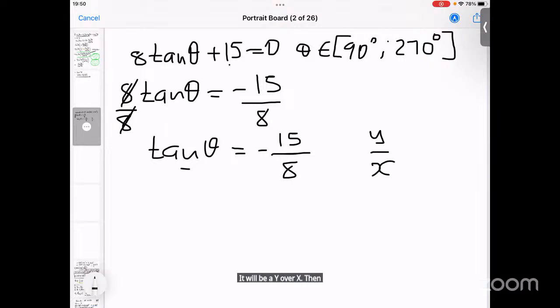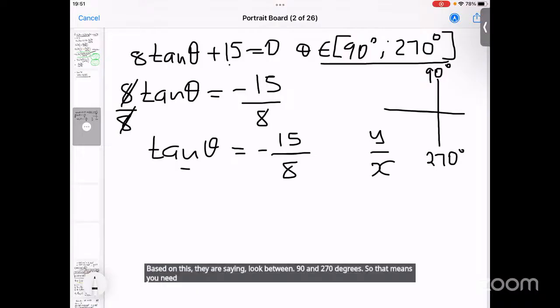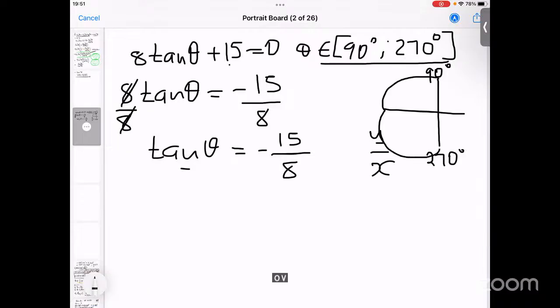Then you check based on this. They are saying look between 90 and 270 degrees. So that means you need to find a quadrant either there or there. How are you going to know which quadrant it is?